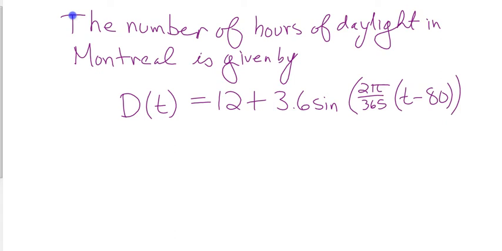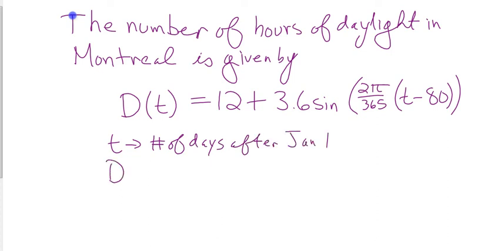Here's the equation. So where d of t is the number of hours of daylight and t is the number of days after January 1st. So t, number of days after January 1st, and d of t, number of hours of daylight.